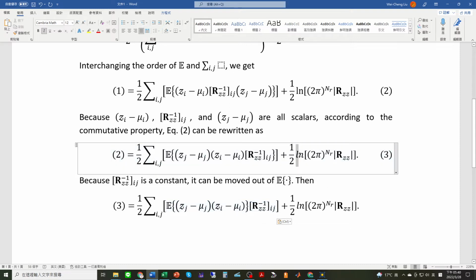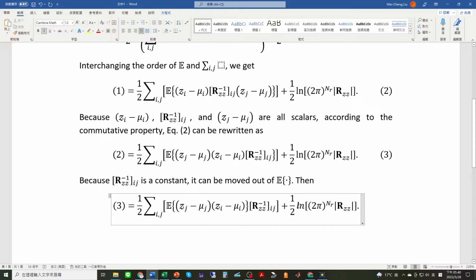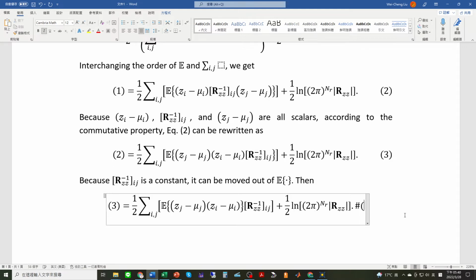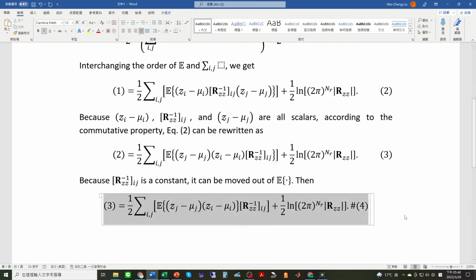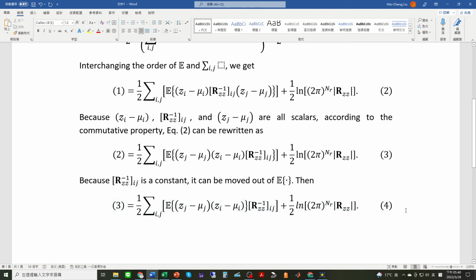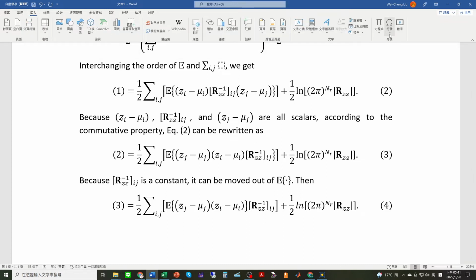Oh, sorry, the natural log should not be in italic. This is the same. Okay, so I call this equation 4. Okay, good. And this completes the solution.